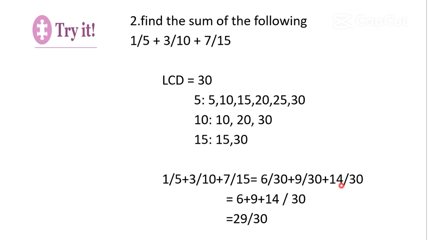Then adding the similar fractions, copy the common denominator, then add the numerators. 6 plus 9 is 15, plus 14, that is equal to 29. So the result is 29 over 30. We cannot simplify it because there is no number that can divide both 29 and 30 except 1.